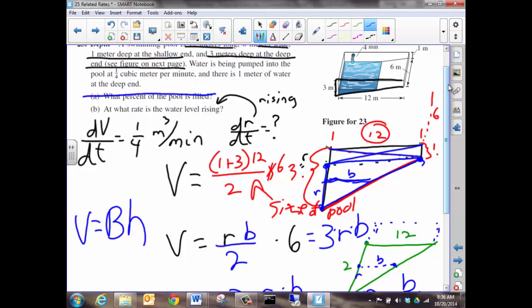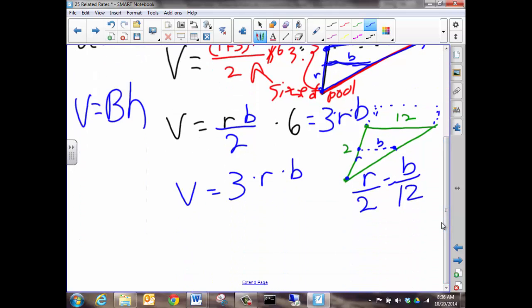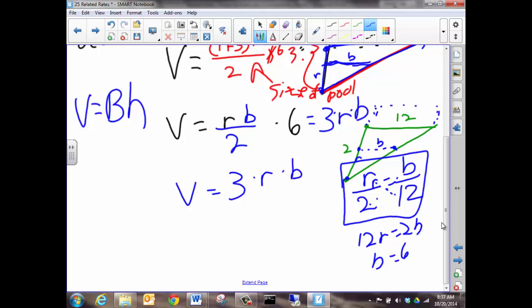The water level rising. We want to know what dr dt is. So if we want R's over here, what do we need to solve this for? B. B in terms of R. Can you take this equation right here and solve it for B? Yes. Okay. Go for it. I would cross multiply and get 12R equals 2B, so B equals 6R.